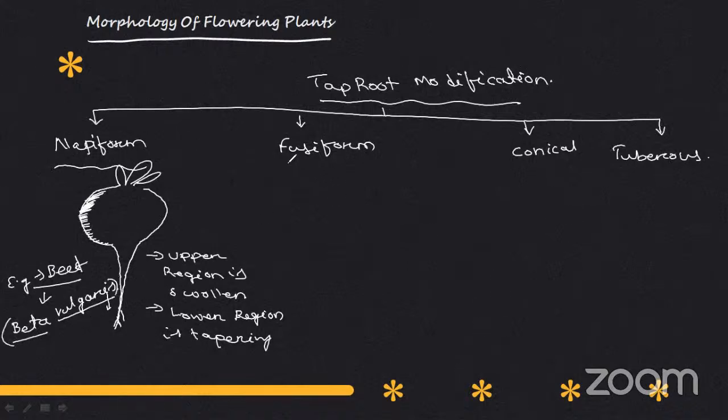But in case of your fusiform, here the primary root or taproot is swollen at the middle part. Just imagine your radish, means mula.